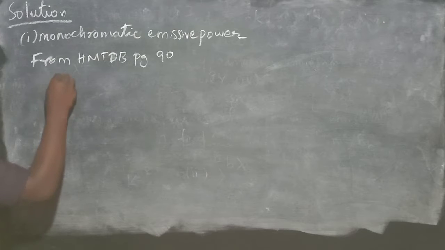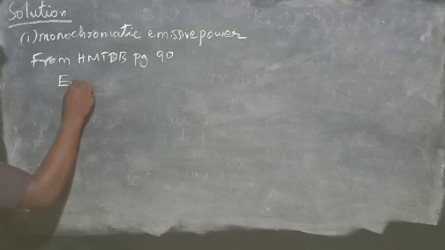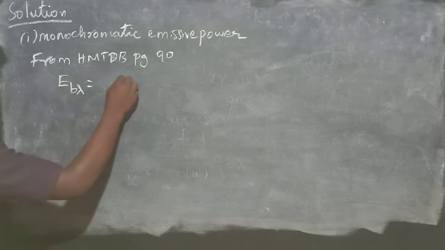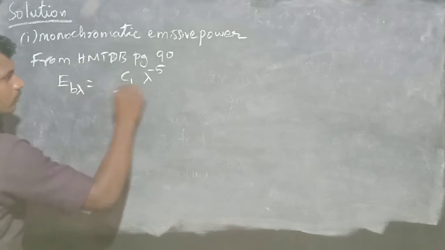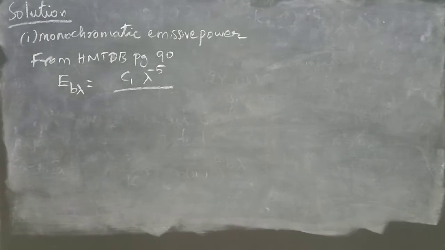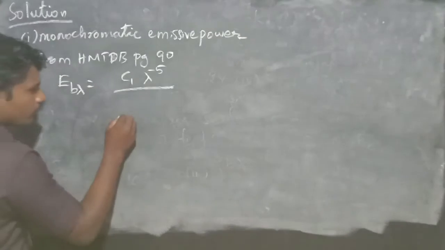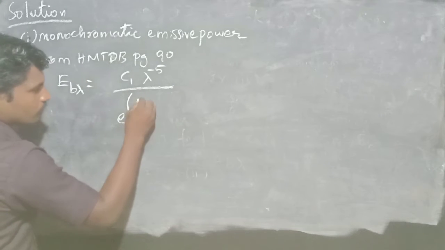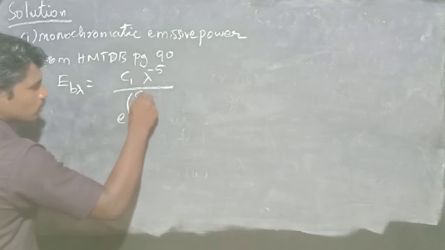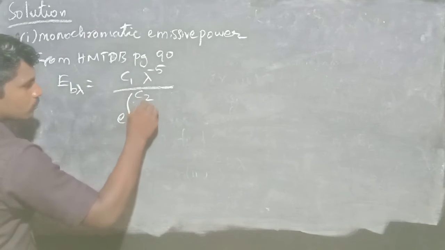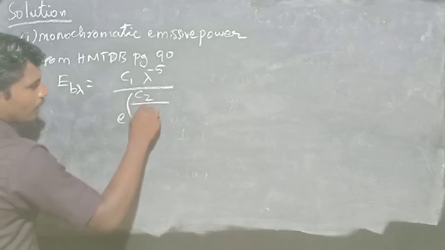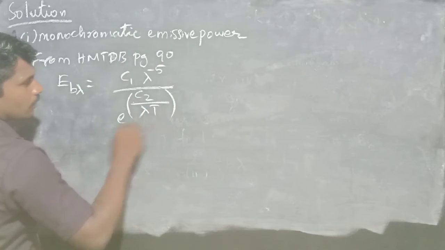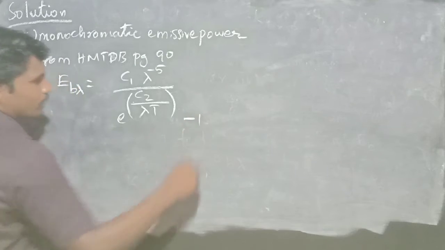The formula is Eb lambda is equal to C1 lambda power minus 5 divided by exponential of C2 divided by lambda T, minus 1.